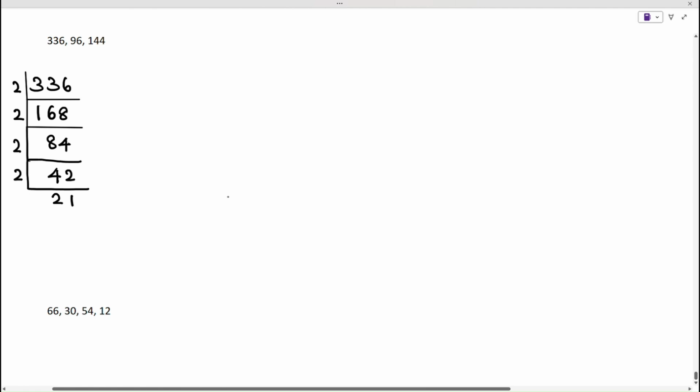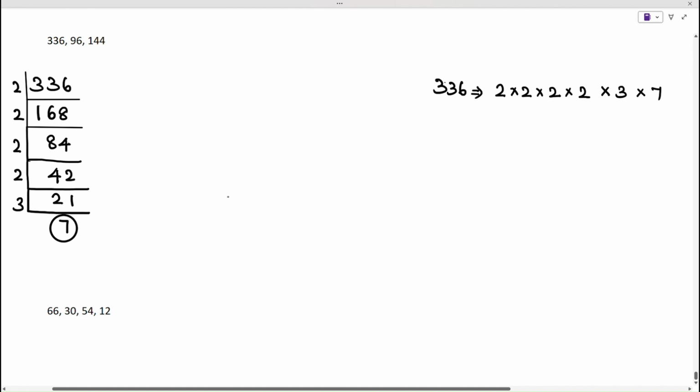Now we know that 21 is an odd number, but it is not a prime number, so we can keep dividing. 21 is a multiple of 3, so if we divide it by 3, we get 7. 7 is a prime number, so we can stop here, and we have 336 as a product of its primes as 4 2's multiplied together, times 3 times 7.